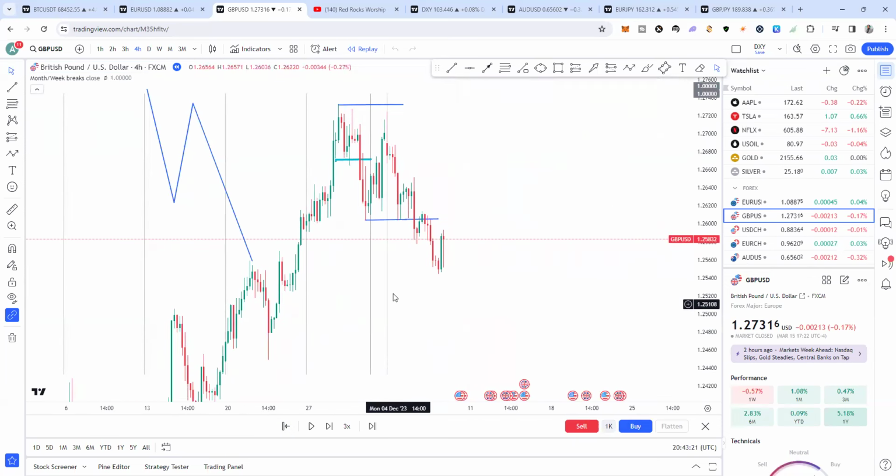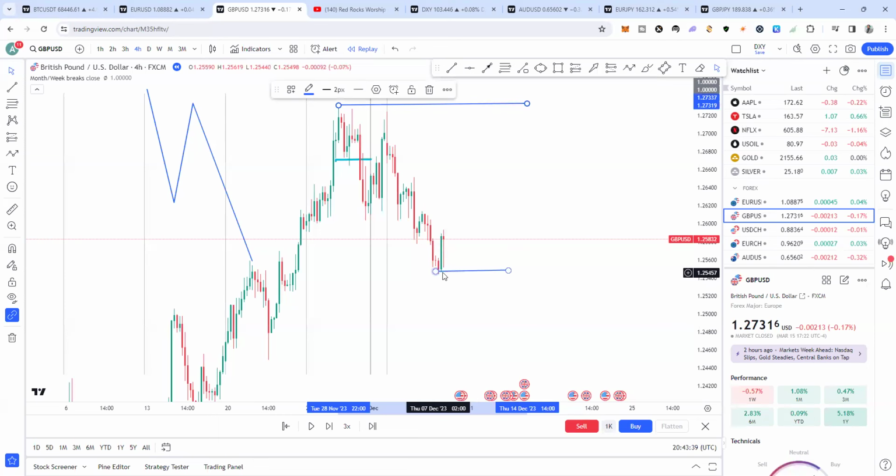So you notice that we have a B, okay, and then we have a C. From this point, just follow me, please. Swing structure can be very, very funny. From this point to this point is our swing structure.